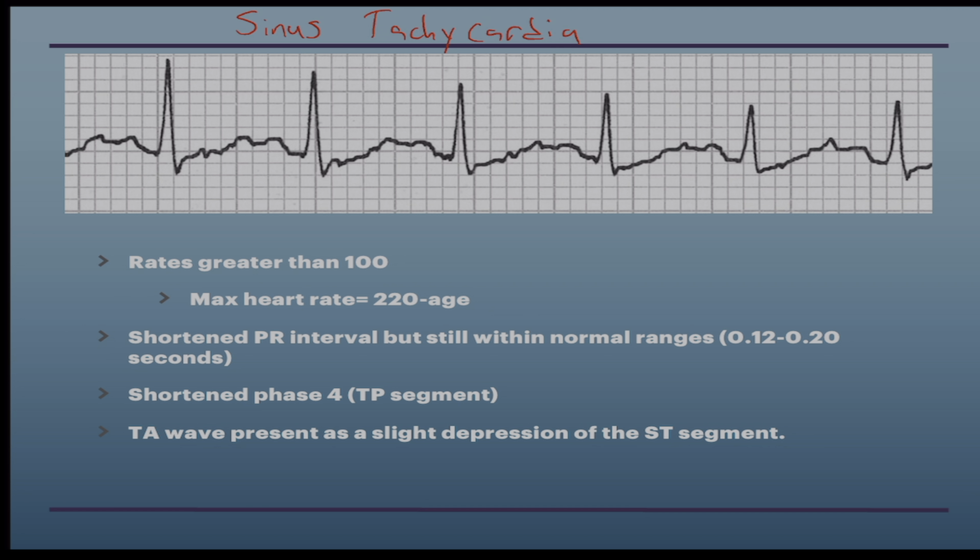The QRS complex in this case can also be wide and still be considered a sinus tachycardia. So for it to be a tachycardia, the rate has to be greater than 100. Now, all of us have a maximum heart rate that our heart's going to be able to achieve, and that's calculated by taking 220 and subtracting your age. That's your max heart rate in terms of how fast it's going to be able to beat.